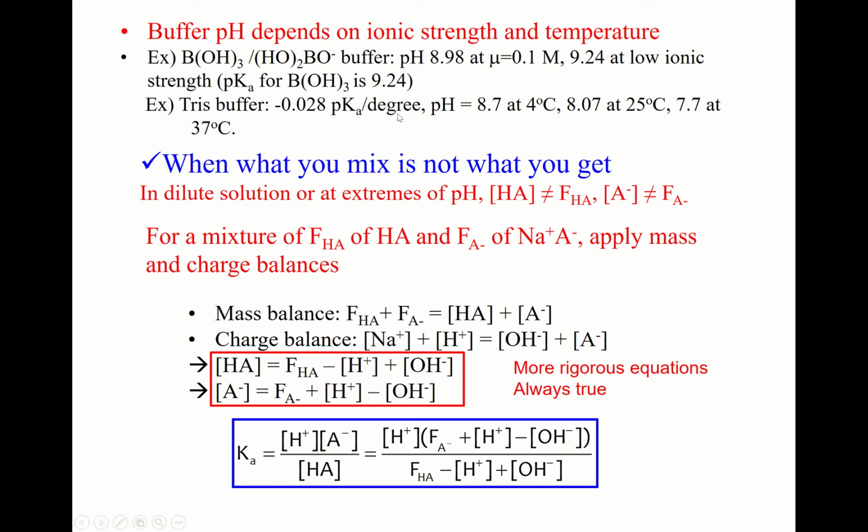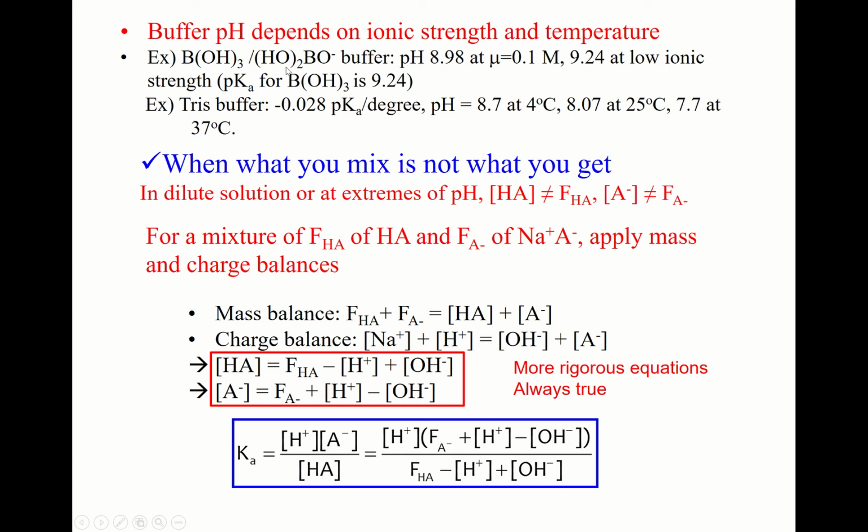Why? Because buffer pH depends on ionic strength and temperature. Here is an example. This is borate buffer. Its pH is 8.98 at an ionic strength of 0.1, but at low ionic strength, pH is 9.24. It increases, and the difference is not small.